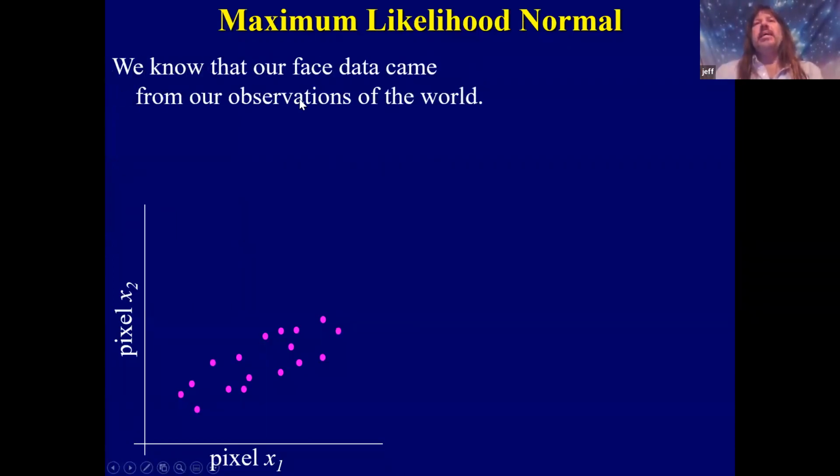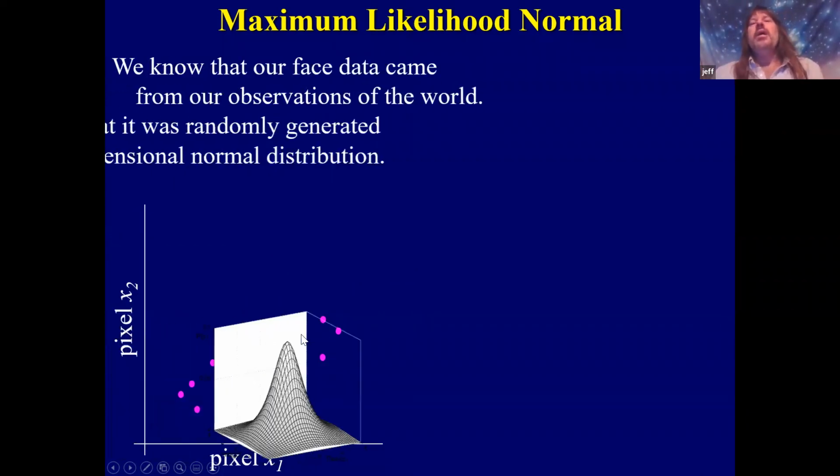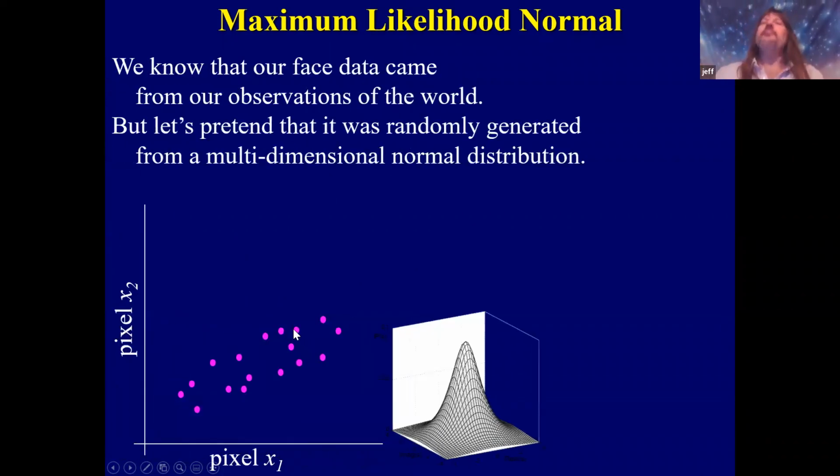So what does that mean here, right? What it means is that we know that our face data aren't random numbers. They're numbers that came from observing our world. We took pictures of all these faces, and that's where all this data came from. But we're going to pretend that that's not where the data come from.